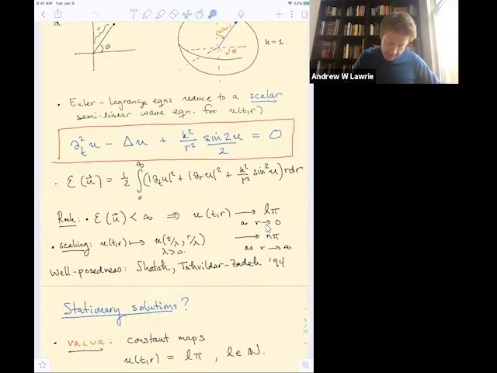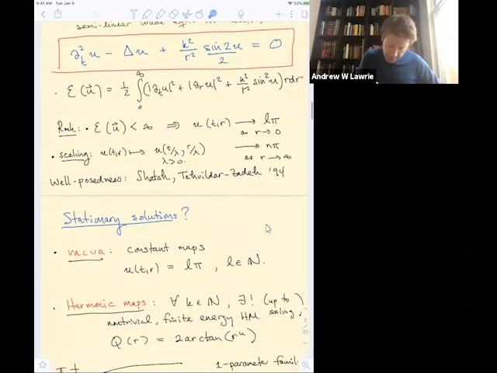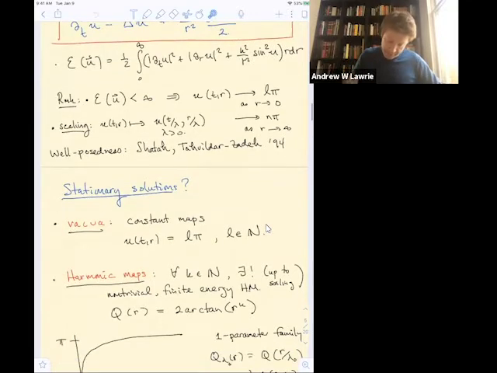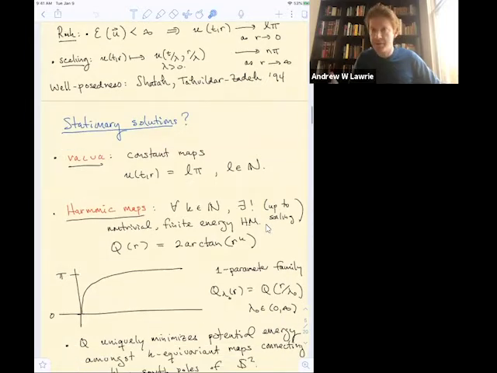Again, the constant solutions, the vacuum solutions, are just, if I have finite energy, I could just be a multiple of pi. These are the vacuum solutions, the constant maps. But I also have, as I mentioned, non-trivial harmonic maps, and some of these are preserved under equivariant symmetry.